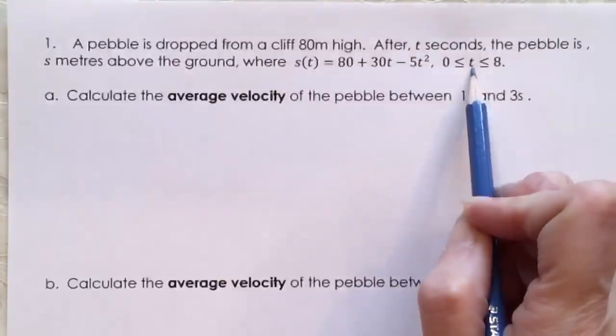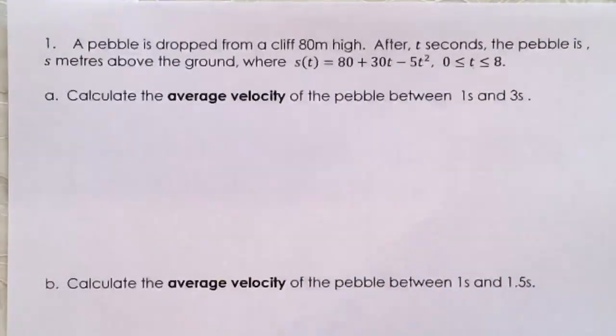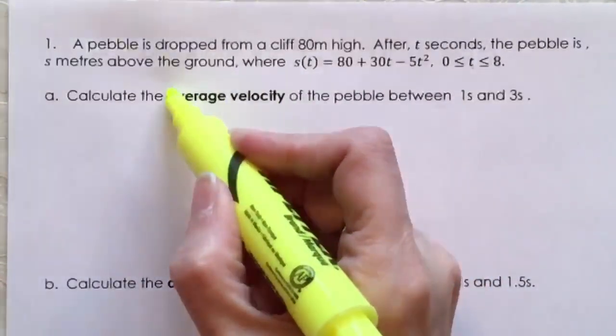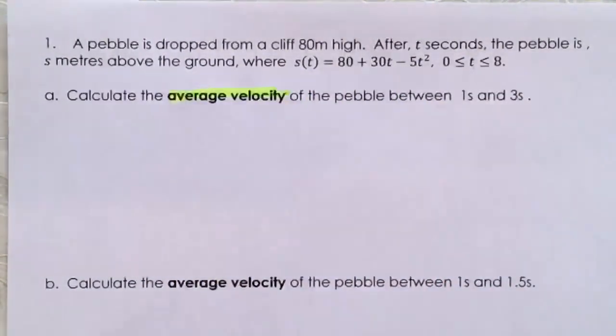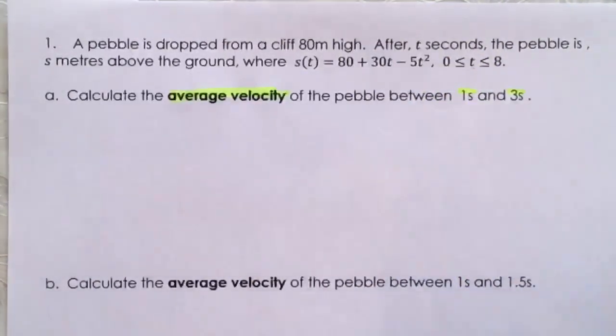And then they're giving you the restriction that this formula is only valid for times between 0 and 8 seconds. The first question wants us to calculate the average velocity of the pebble between 1 second and 3 seconds.